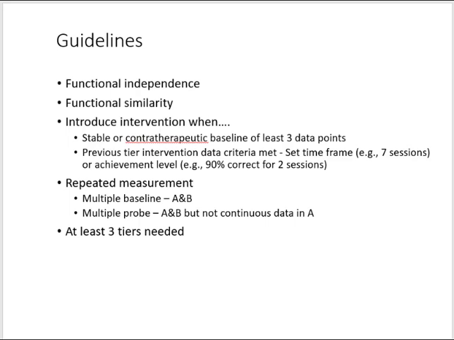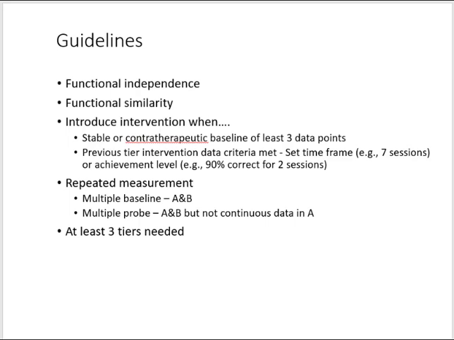The main guidelines for this design are that the behavior that we're intervening on should have functional independence across behaviors, participants, settings. We should have functional similarity. We need to introduce the intervention when we've got stability in baseline or the trend is moving in a contratherapeutic direction for at least 3 data points. Again, 5 is optimum.